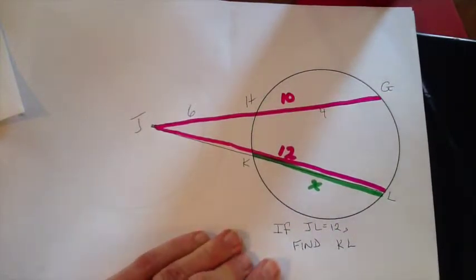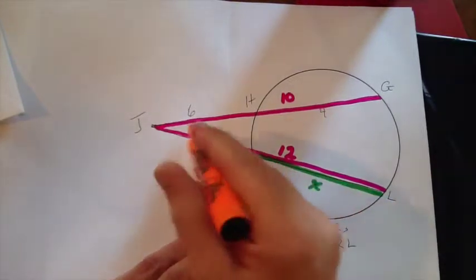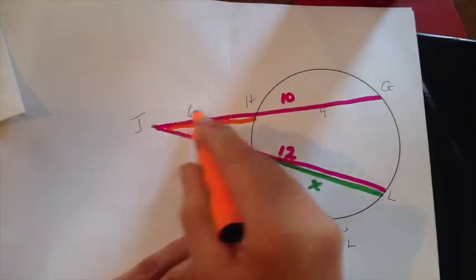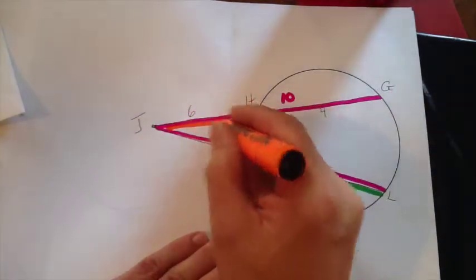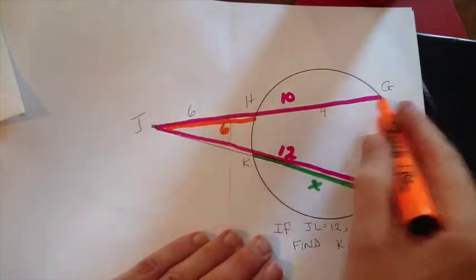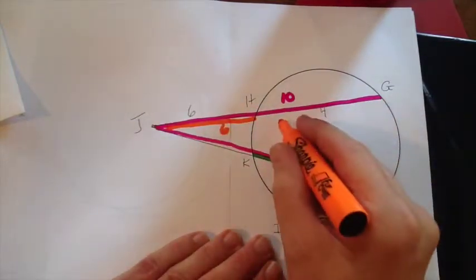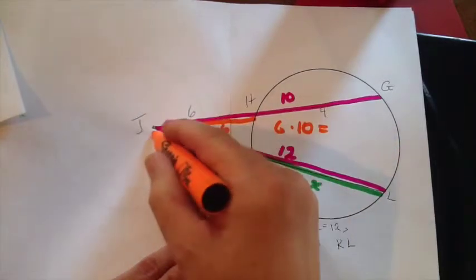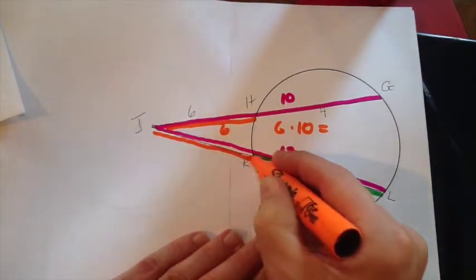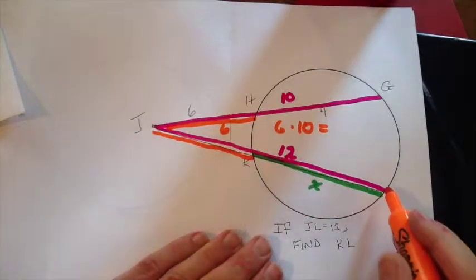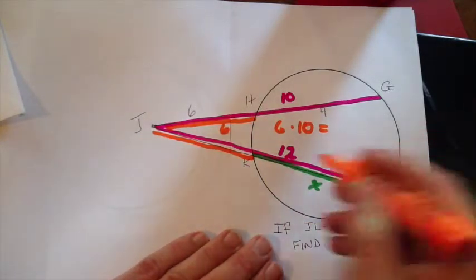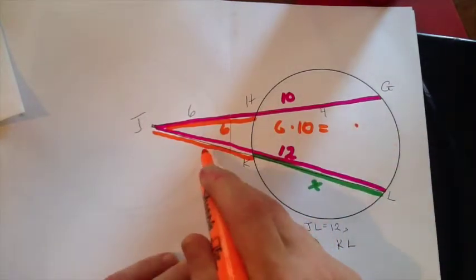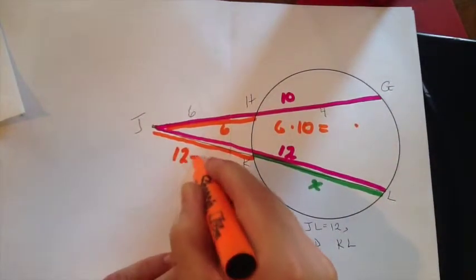Now, the way these things work, if you take the outside length and multiply it by the whole thing, and here the outside length is 6, so if you take the outside length, which is 6, and multiply it by 10, that's going to equal the outside length here times the whole length. Now, in this case, the whole length is 12, but the outside length here is 12 minus x.